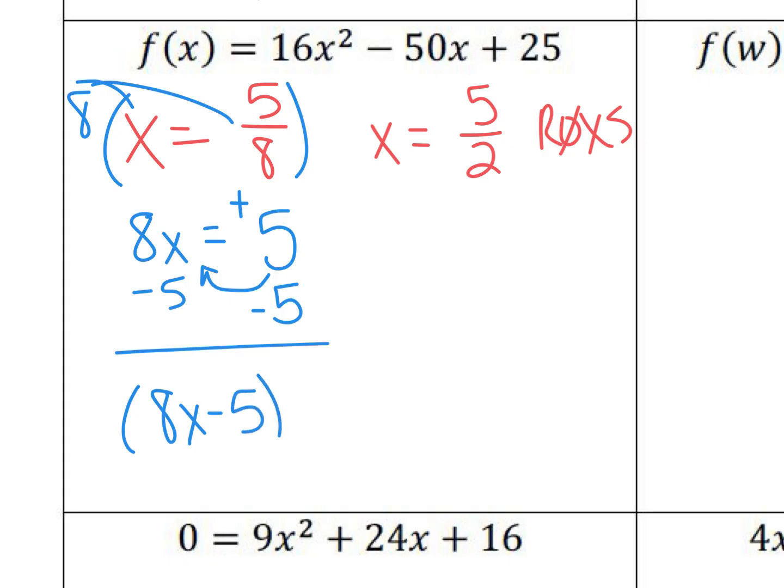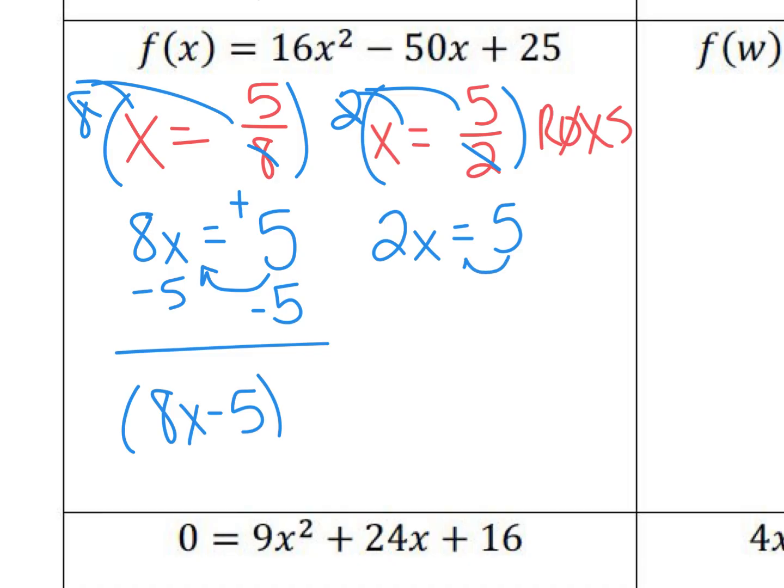And then what are we going to do with this 5/2? How do we get rid of that one? What do we do with the denominator? We have to multiply. What are we multiplying by? What's my denominator? 2. Good. So we have 2x equals 5, right? The whole point in multiplying by the denominator is that it's going to make that denominator go away, right? And then how do I move this 5 over?